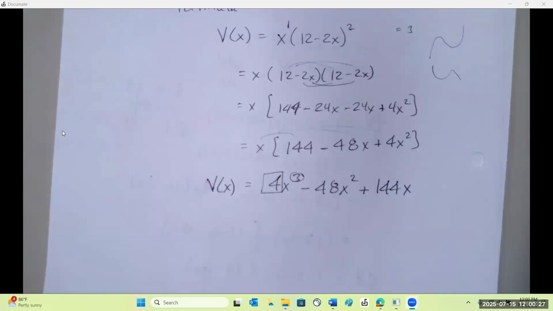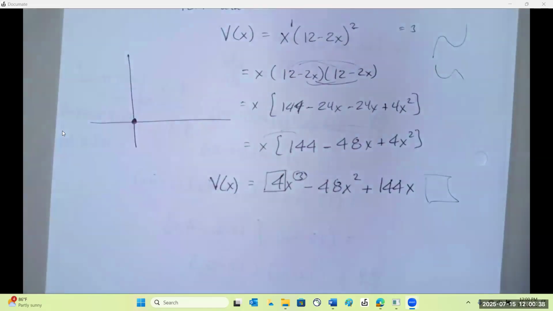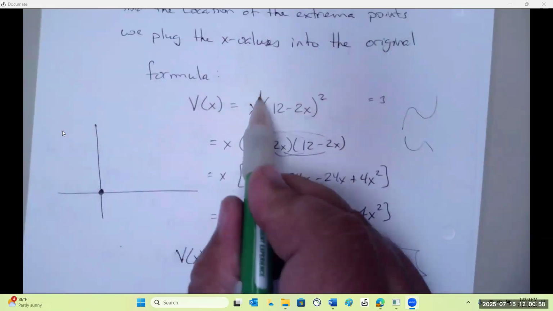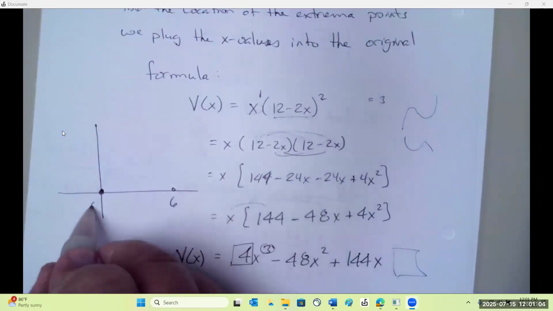What's our y-intercept? Since there's no constant, it's 0. So we know our graph has an intercept there. Does it have another intercept? Six, yeah, because you go back to here, this one said equals 0, you get 0, this one gets 6, so we got another intercept that's 6.